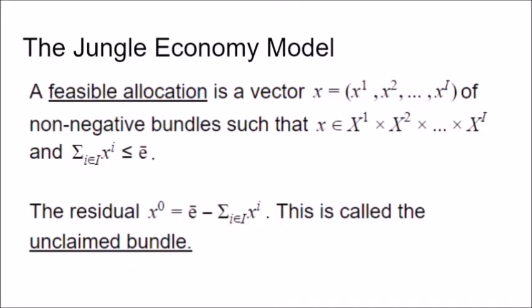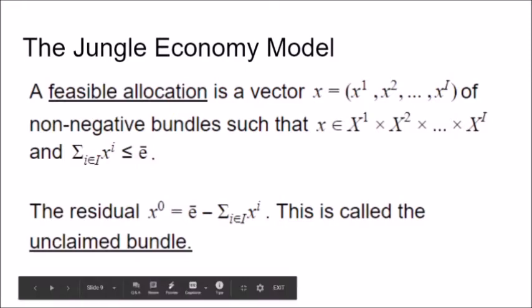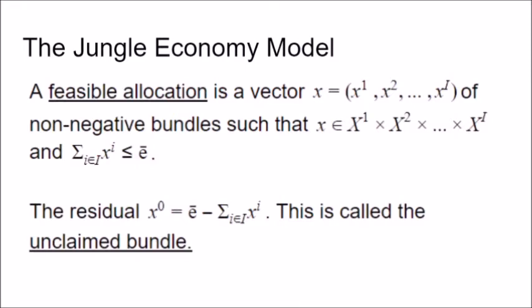So, in the jungle economy, a feasible allocation is a vector X, a consumption vector, that fits within the social allocation. The amount that each individual is consuming and the amount that they consume together does not go above the social allocation. And the residual, which we can call x0, is the social allocation minus the sum of all consumption, which is called the unclaimed bundle.